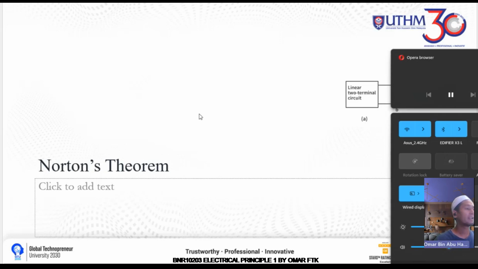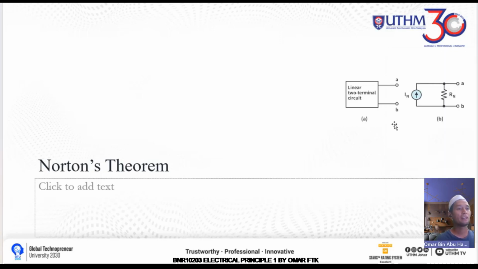Okay, so now we look into the Norton theorem. Both Norton theorem and Thevenin theorem are a similar concept for electrical analysis, to simplify the circuit.